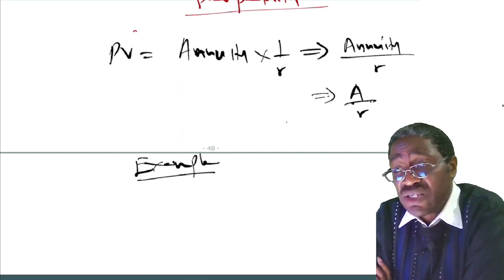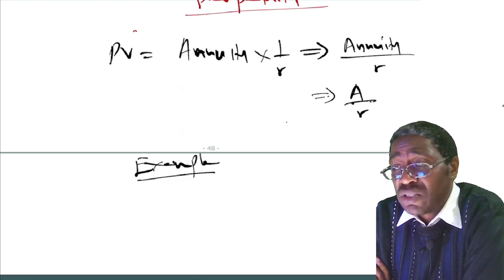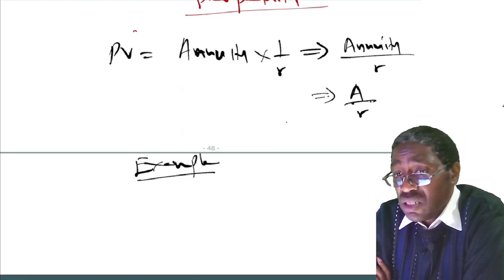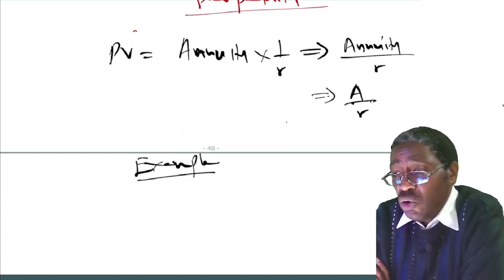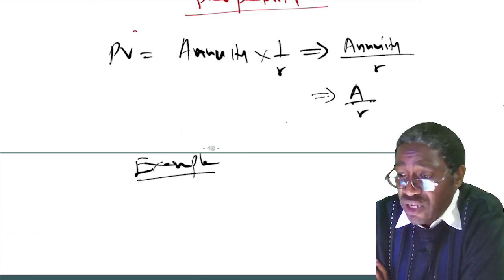The key thing is just to know that if it's an annuity you are going to receive in the future into perpetuity, just take the annuity divided by R. That will give you the present value of the annuity.